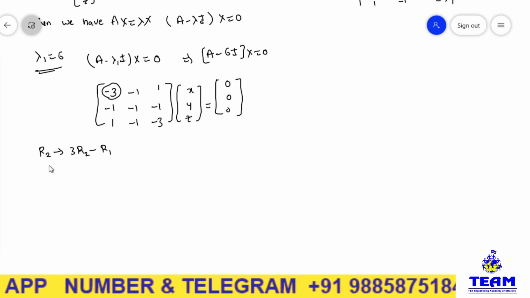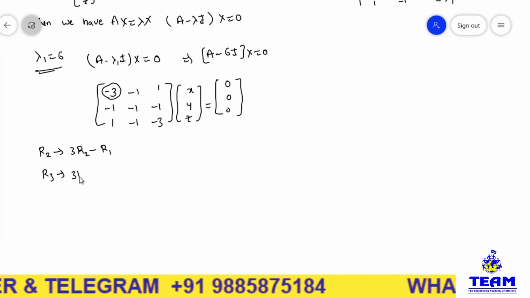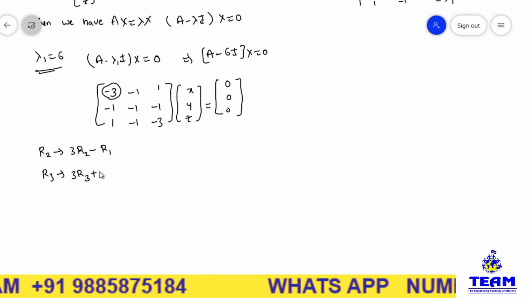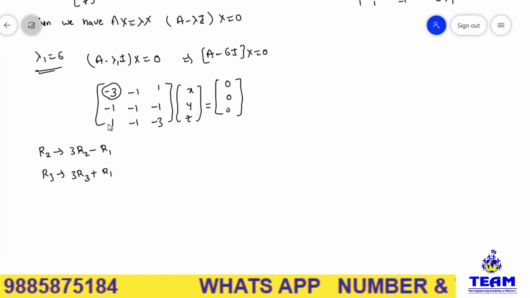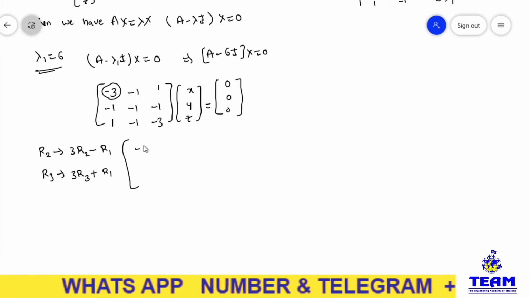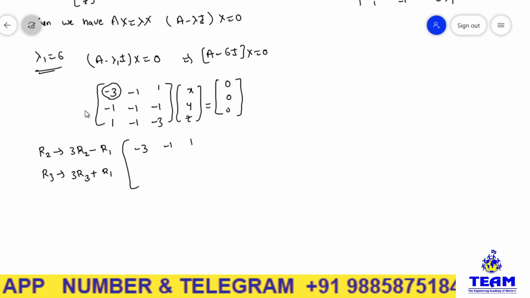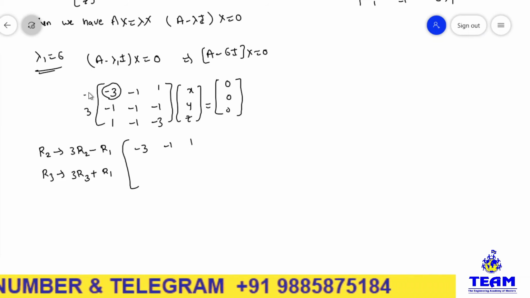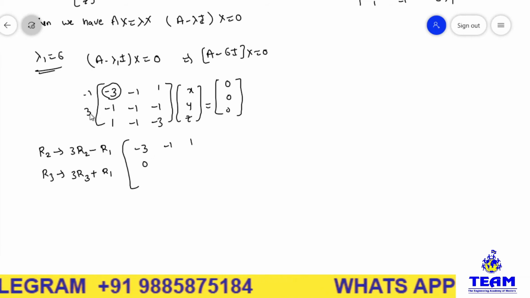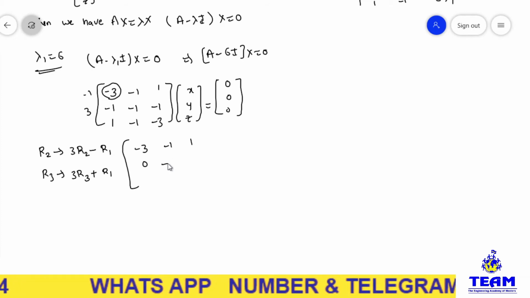Next you have the third row also. So R3 tends to, you multiply by 3, then I will have 3R3. Here already you have minus, so just add R1. So R3 tends to 3R3 plus R1. Now the first row is as it is, there are no changes. Next, the second row: I am multiplying by 3 and subtracting. So minus 3 plus 3 is 0. Next, minus 3 plus 1 means minus 2.